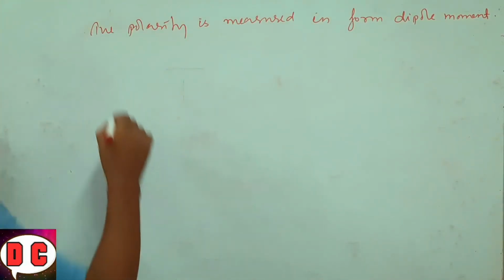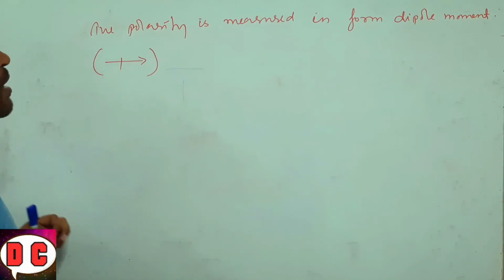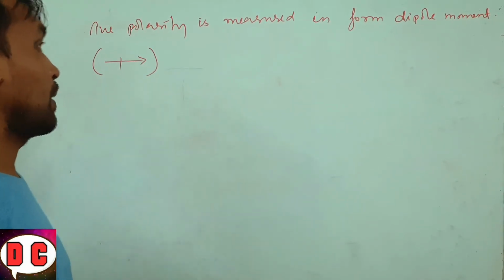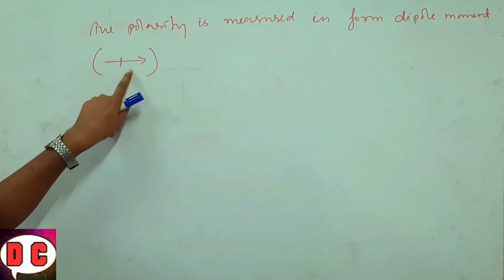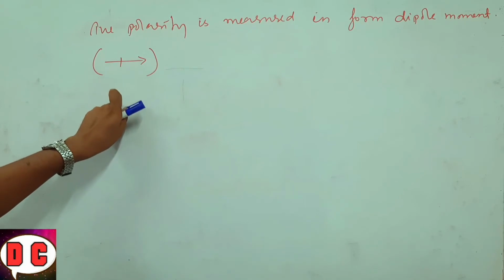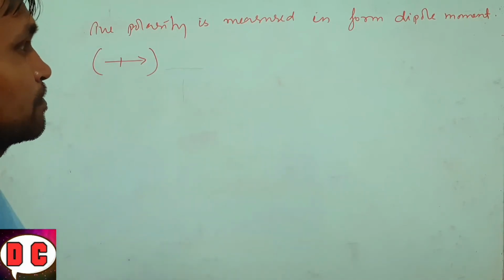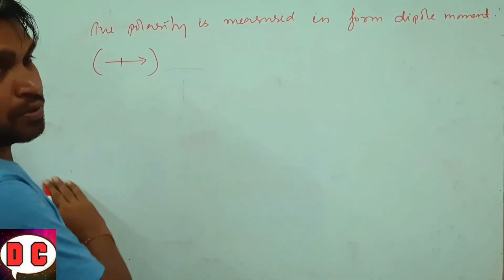Dipole moment is represented this way. This arrowhead, which we used to represent a polar covalent bond, is nothing but the dipole moment. Dipoles are represented this way, with the arrowhead and the plus sign. Now, first of all, we should know what dipole moment is.